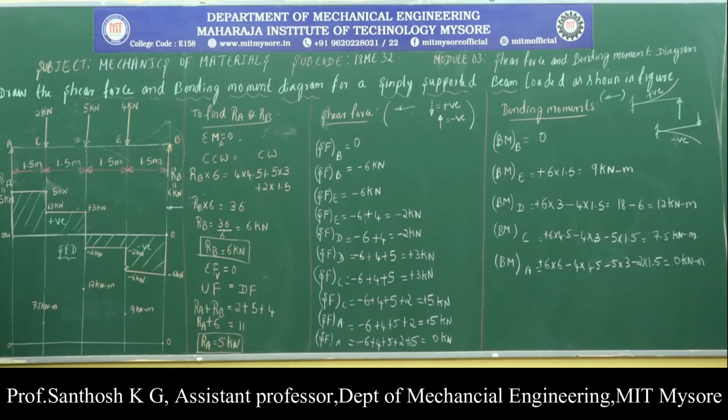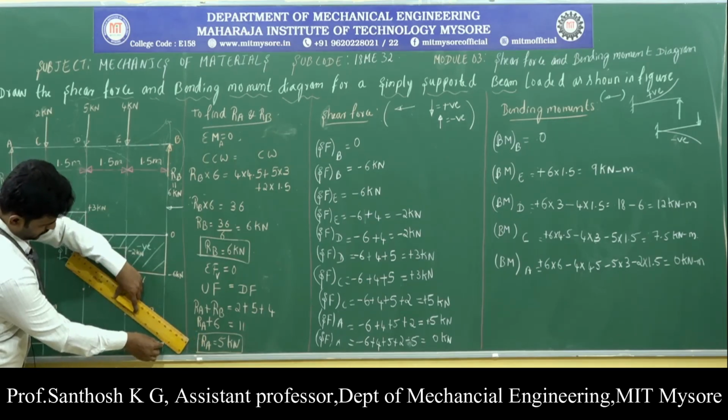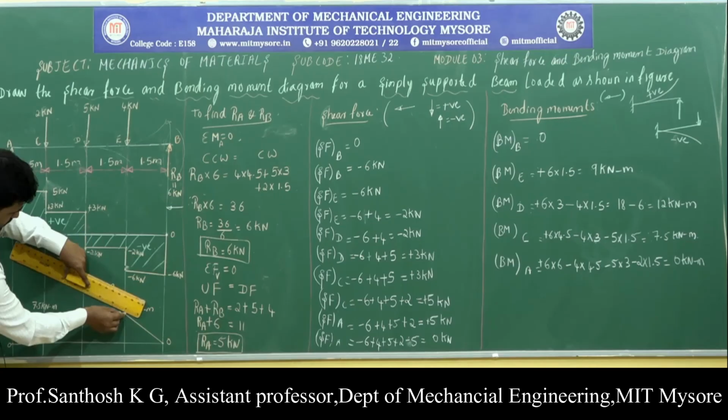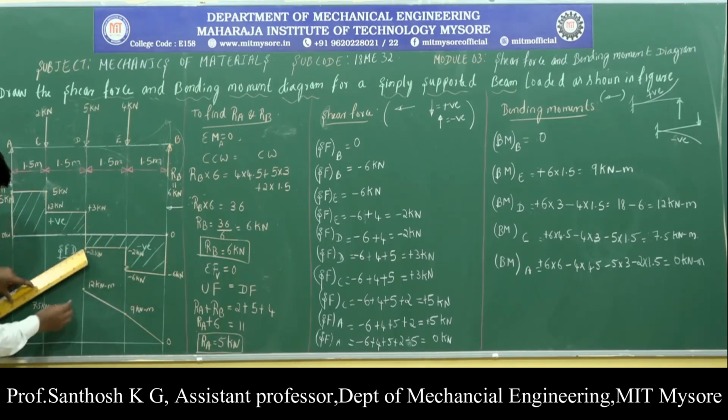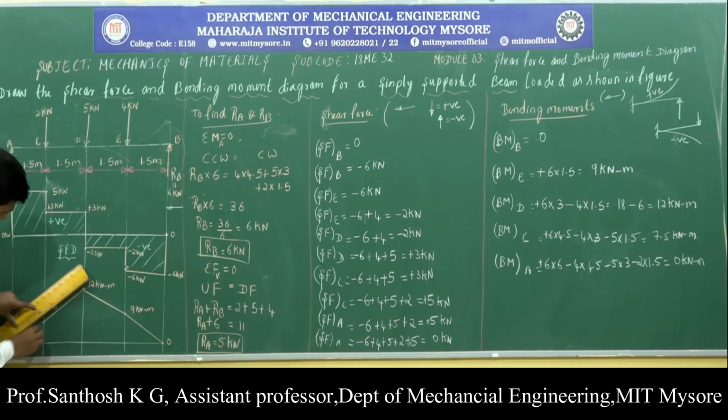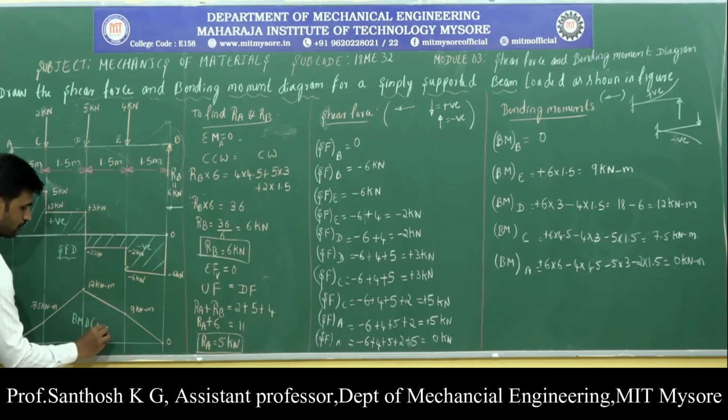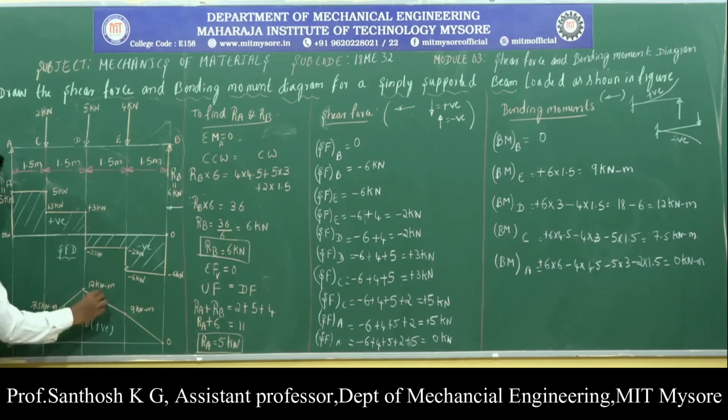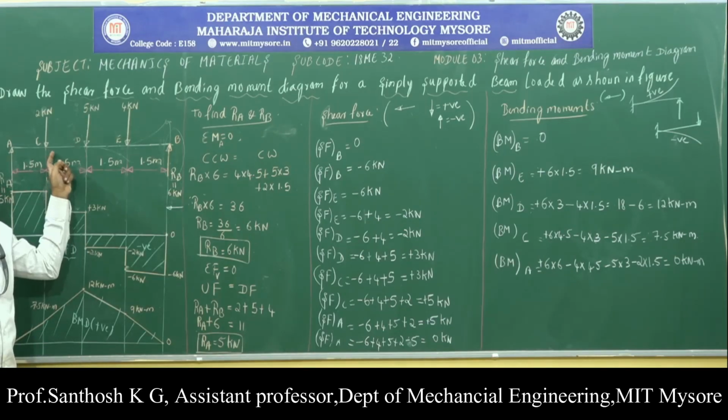Now join all the points in order to get the bending moment diagram. So first join 0 to 9, then 9 to 12, then 12 to 7.5, then from 7.5 to 0, and here the bending moment diagram we got has only positive values, and this represents the bending moment diagram for a simply supported beam loaded as shown in the figure.